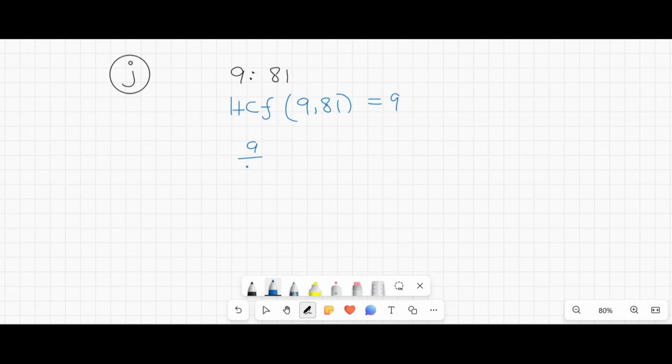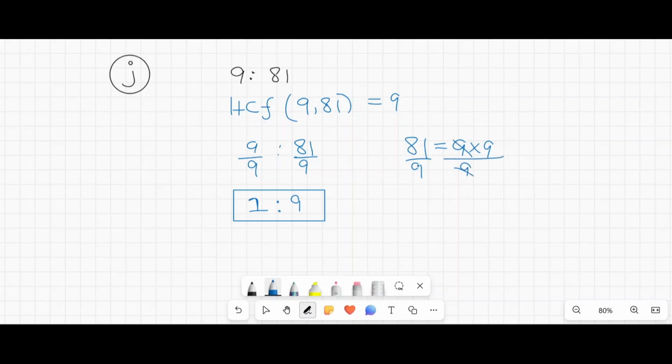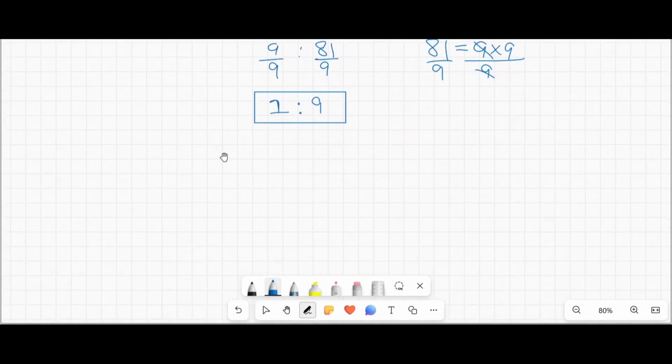So 9 divided by 9 and 81 divided by 9. So you will get 1 ratio 9, because you can convert 81 into 9 times 9, and the 9 will be cancelled and you will get this. So this was just the conversion with the numbers.